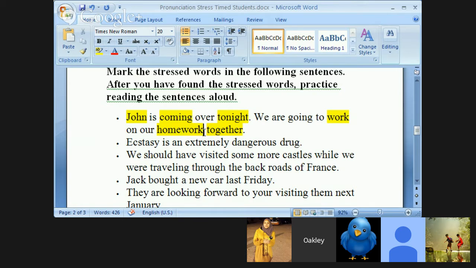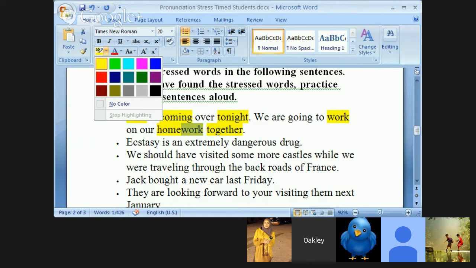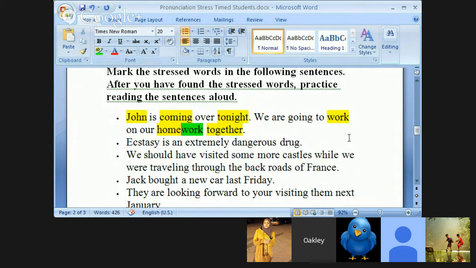One little clue, Sawa, before I have you read this. Homework, as we discovered in the last couple days of classes, is a compound noun. So in actuality, the second word in a compound noun gets secondary stress.